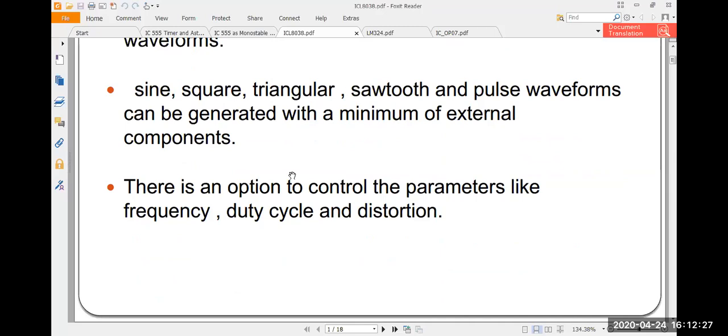See, this is very important as far as designing is concerned. When we have control over these parameters which are mentioned, then you can do anything. I mean, for any application, you can make use of these characteristics of this particular IC. When you have control over this, then you can chop and change the parameter, chop and change the components which are connected, and you can always make use of this for various applications.